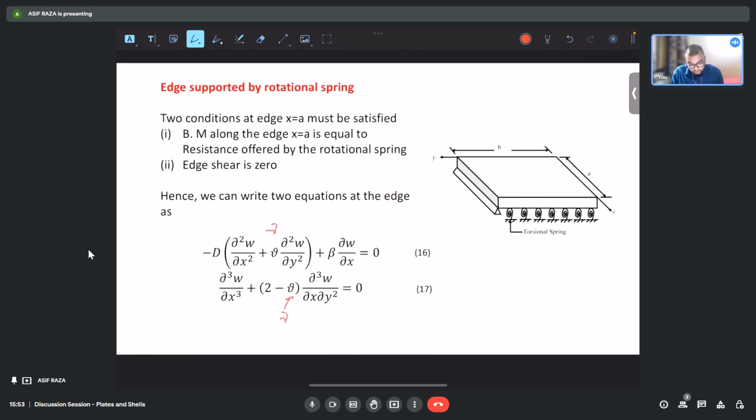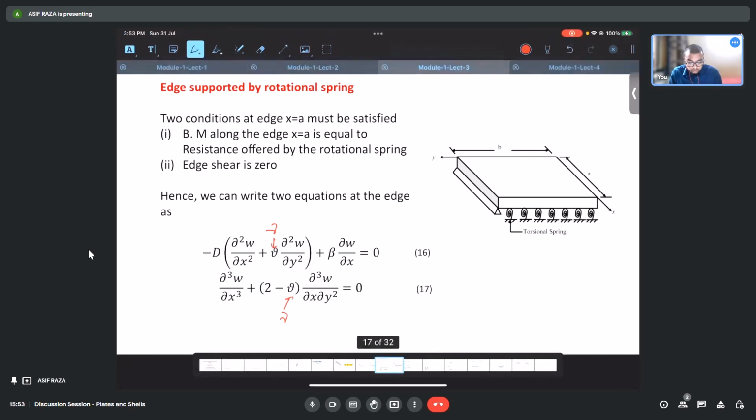Wherever it's written theta or seems like theta, you need to write it as nu. I think these values are corrected in the live lectures, but in the PDF notes of these lectures the correction is still not made, so please correct these typos. This would be nu.